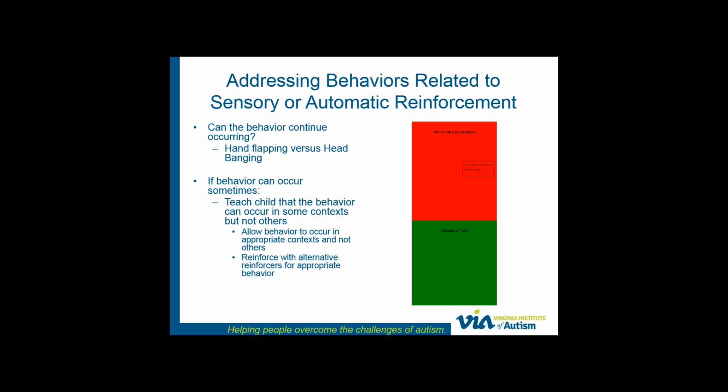So another thing that you can do besides reinforcing it with the actual behavior is reinforcing with alternative reinforcers. You try to find other preferred things that they want besides the automatic stimulation that they'll stop engaging in the behavior for. And we often are able to.